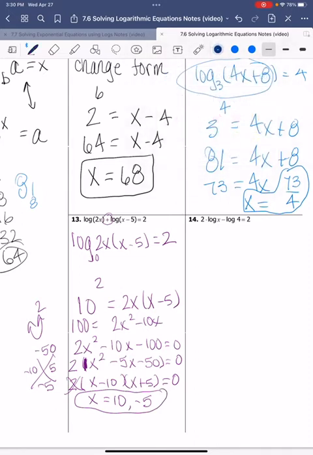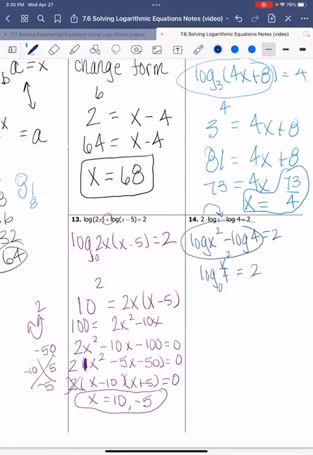All right, last one. Bring the 2 up, so that becomes the log of x squared minus the log of 4 equals 2. You cannot change form until you have a single log, so you got to combine that, then you can change forms. Subtract, divide arguments. Don't divide logs, divide the arguments. The arguments are x squared and 4.